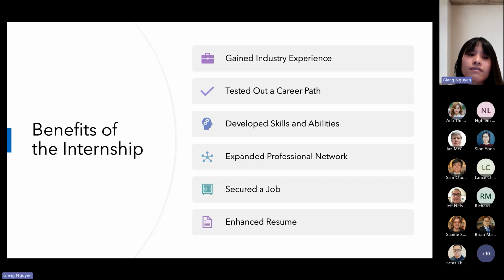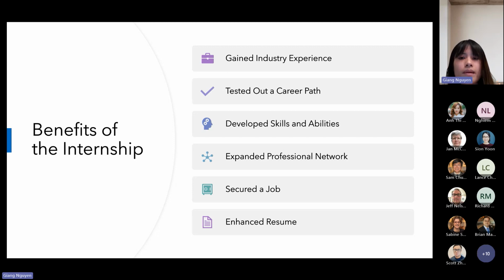Here are some benefits of the internship that I would like to share today. It was a really good opportunity to gain industry experience, so I could understand how an organization works. I also was able to test out my career path to see if I could see myself being suitable to work in the information technology field.